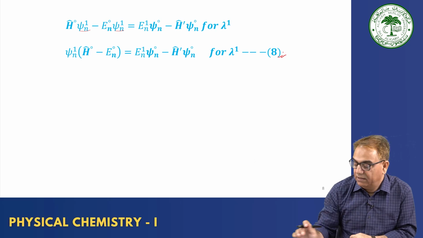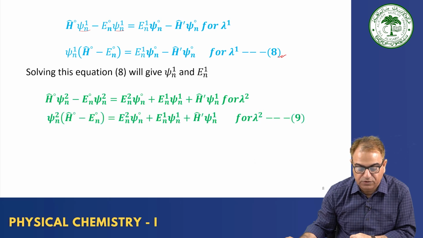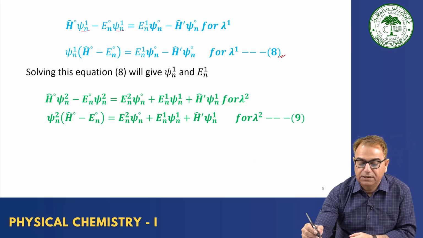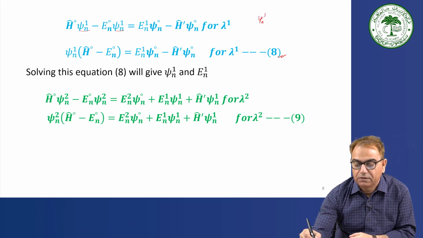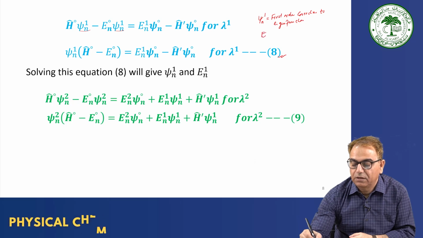Then you can rearrange to get lambda squared psi n2 equal to this. Let me write here that psi n1 is the first order correction to the eigenfunction, perhaps I have not written it anywhere, and En1 is the first order correction to the eigenvalue.